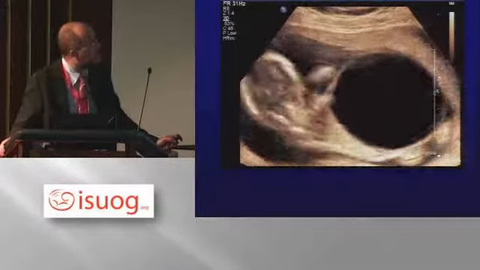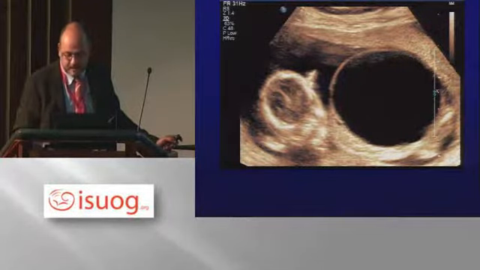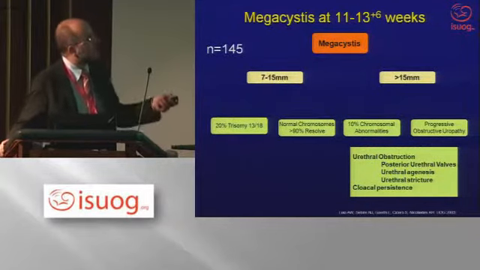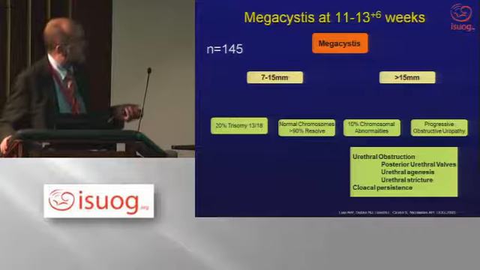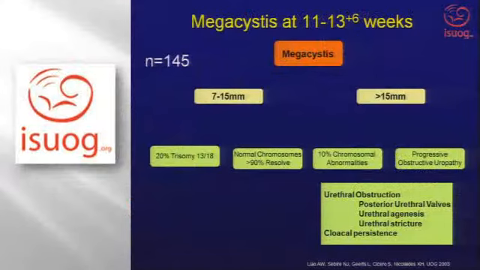This is a short video clip just to show you that megacystis can be really very large indeed. And that obviously is one of more than 15 millimeters. So this is a paper from Adolfo Liao from Kypros' group, where they divided 145 cases of megacystis into those that are less than 15 millimeters and those that are greater than 15 millimeters.